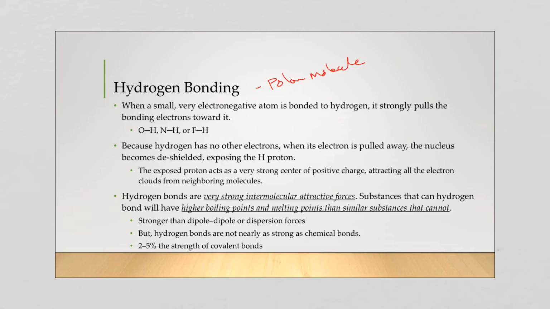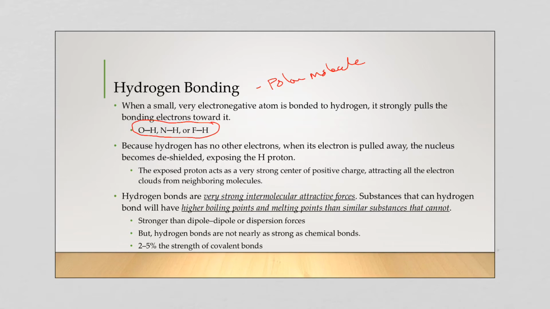It has to be a polar molecule that has one of these three types of bonds: an OH bond, an NH bond, or an FH bond. So we have to have a hydrogen directly attached to one of these three strongly electronegative atoms in order to have this type of hydrogen bonding present in the molecule.